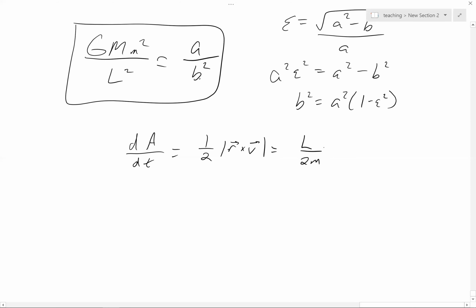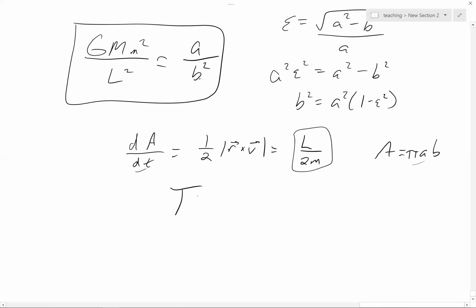If I wanted the period of the ellipse, the area of a whole ellipse is pi a b. How long does it take to go the whole area? I cover this much area in dt, so if I want the entire area, I just take area divided by dA/dt.